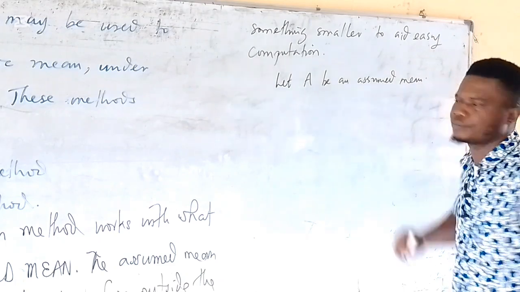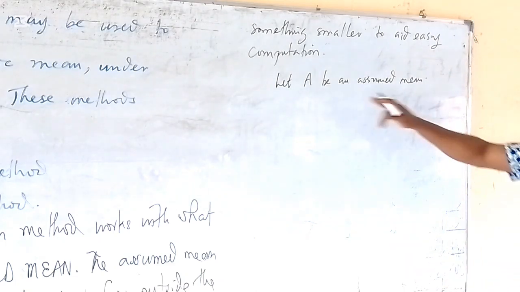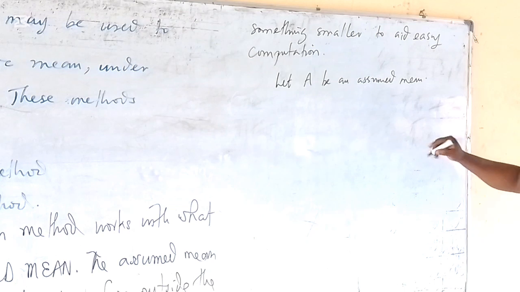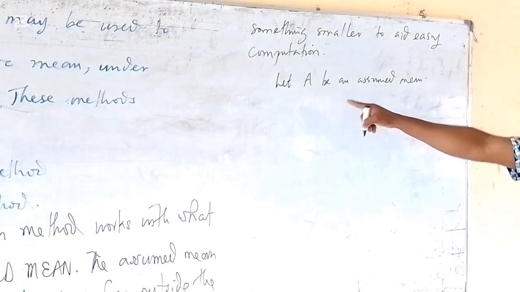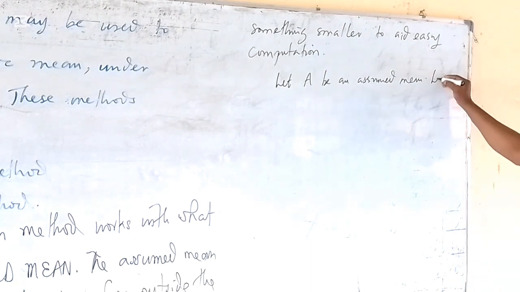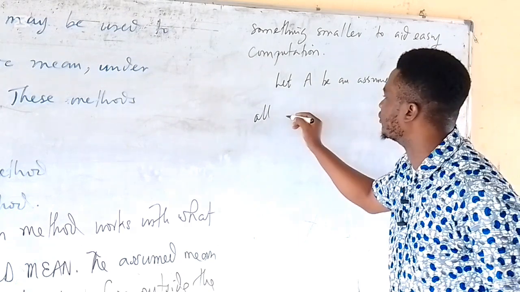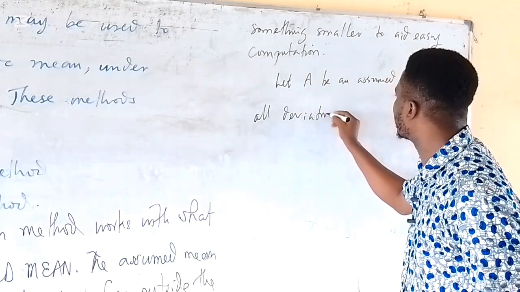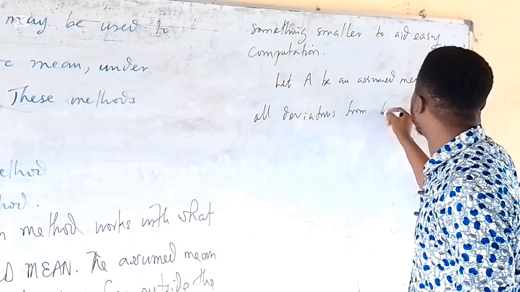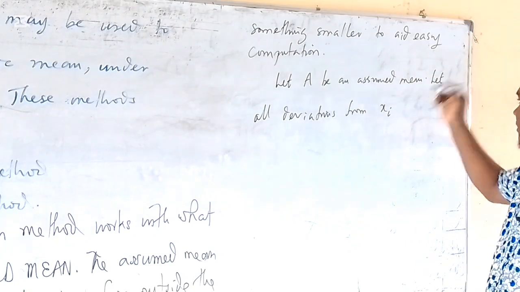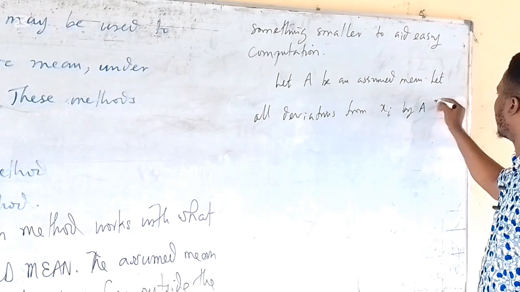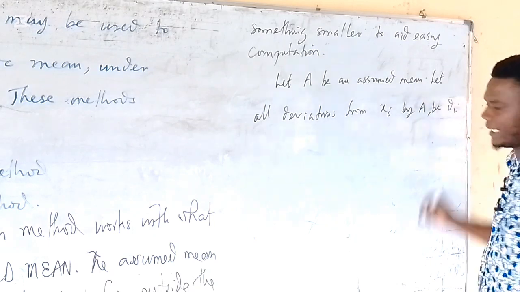Are you listening? Let A be what? An assumed mean. The guy we choose to assume the role of the class rep when Daniel is not around. That is the person we are calling A. Let all deviations from A, from xi by A, be Di.